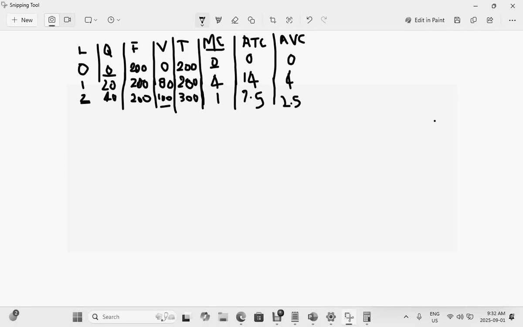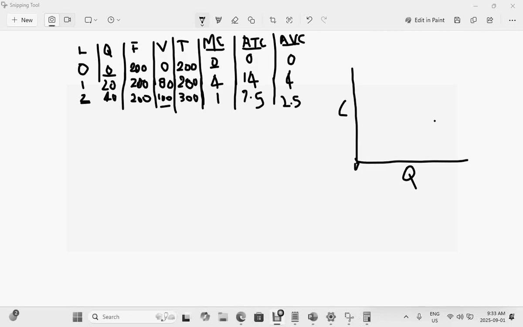Now, if you were to plot this on a graph, your average total cost will be above your average variable cost because average total cost is more than your average variable cost. So let's assume that you start off with 0. Let's assume that this is cost and this is quantity.